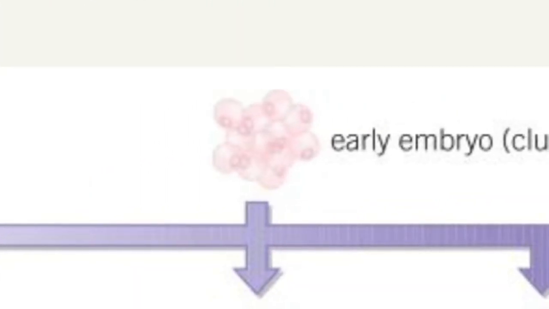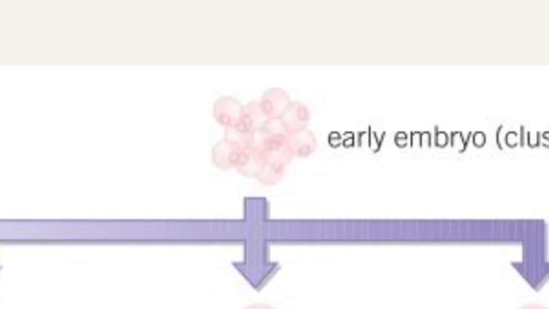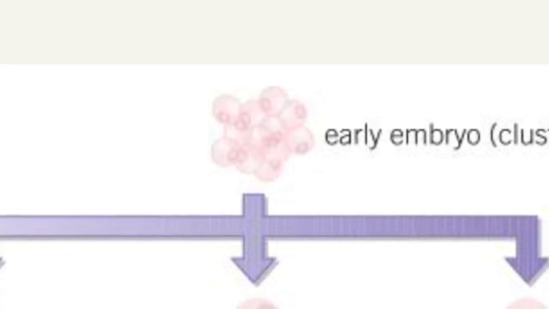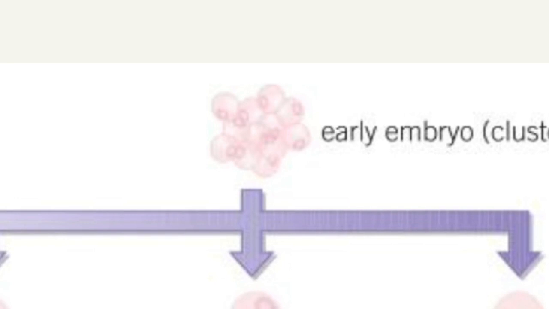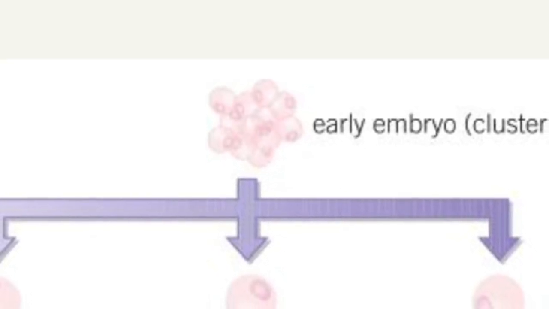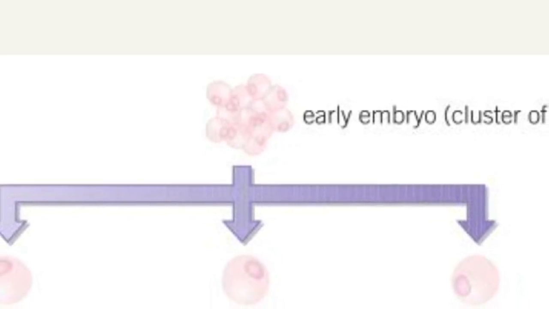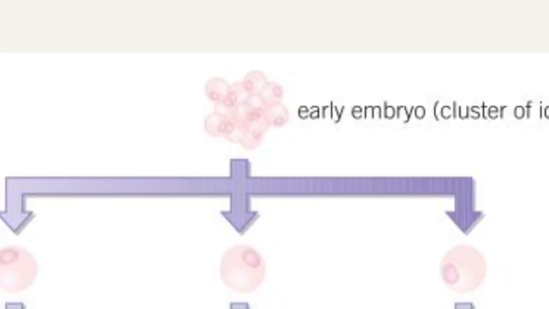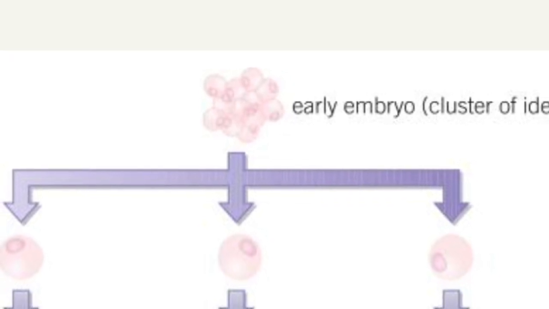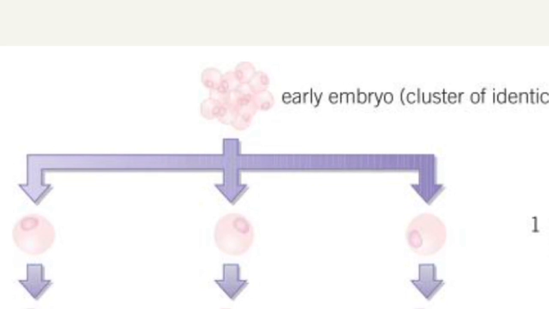Embryo cloning means embryo copies. When a fertilized egg develops into a ball of cells, it is called an embryo. Embryos are not differentiated yet. They have the potential to differentiate into different types of cells. At this stage, they are stem cells.